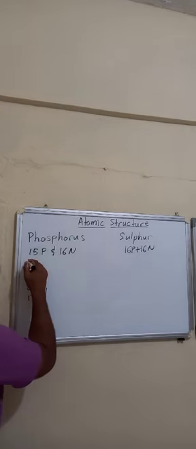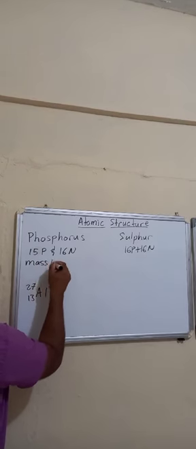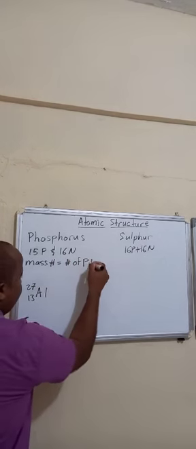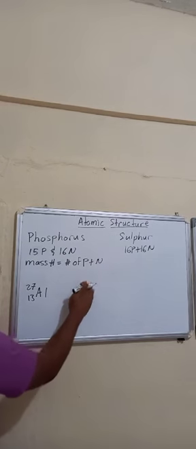Alright, so we're just going to work a few examples. The first one is phosphorus. Phosphorus has 15 protons and 16 neutrons. If we want to work out the mass number, we said that the mass number is the number of protons plus the number of neutrons.